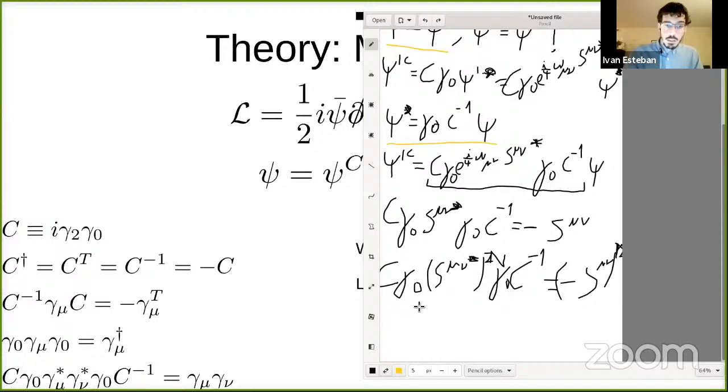that C gamma 0 times the exponential of i over 4 omega mu nu S mu nu complex conjugate times gamma 0 C to the minus 1 is nothing but e to the minus i over 4 omega mu nu S mu nu.